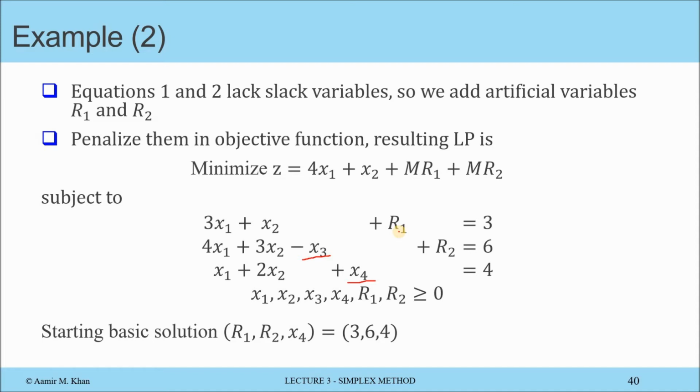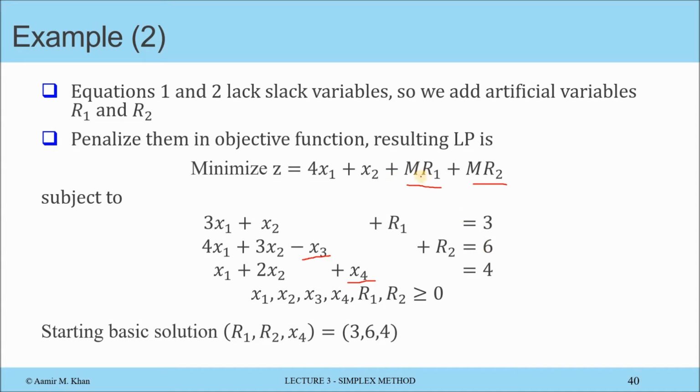One more thing: we introduce these variables in the constraints. Remember, we put slack or surplus variables because we want to convert inequality into equation, but the artificial variables were not needed there; we put them ourselves. So when we put them in the constraints, you have to put them in the objective function also. Clear? Very important point.